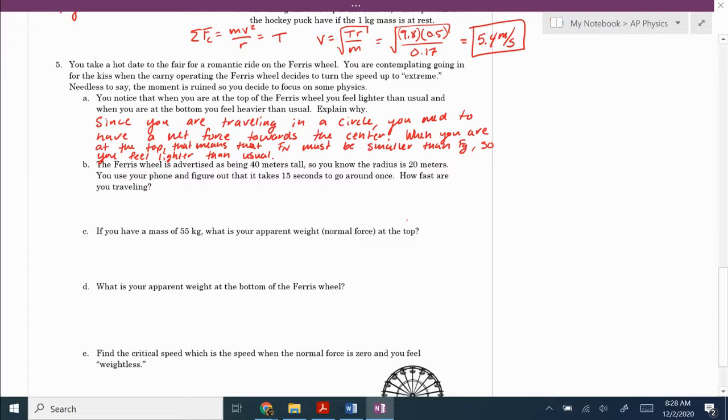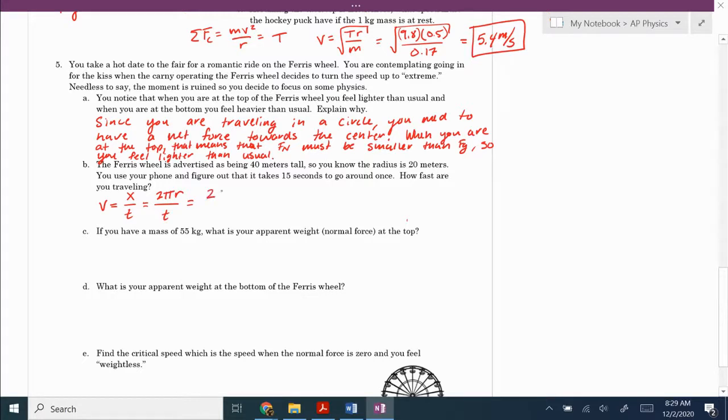So this isn't actually a physics problem so much. I mean, it kind of is. But we know that velocity is the distance you go divided by the time. Since you're traveling in a circle, the distance that you go is the circumference of the circle divided by the time.